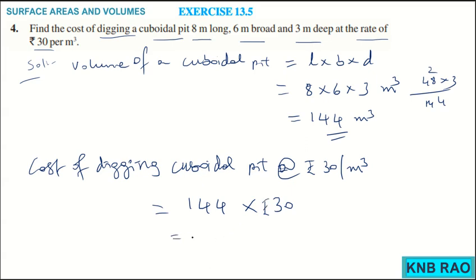So 144 into 30, you multiply it, you will get 4,320 rupees. This is the solution.